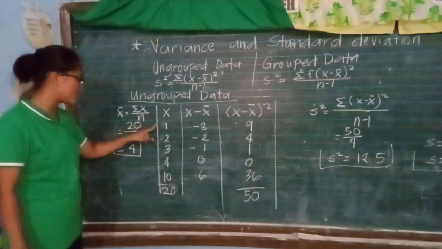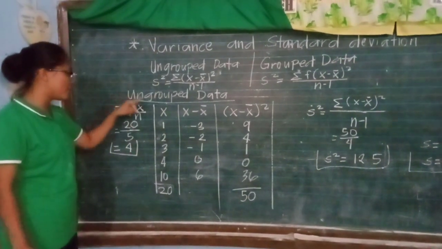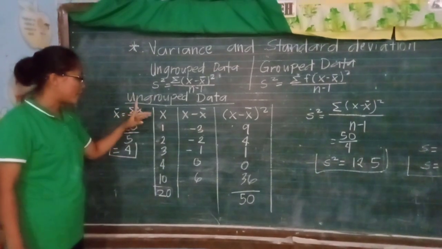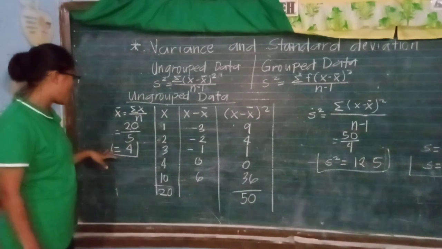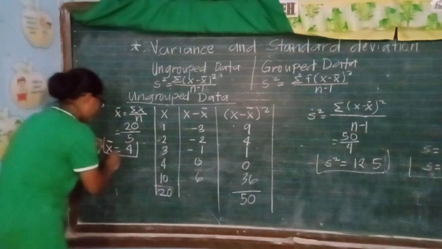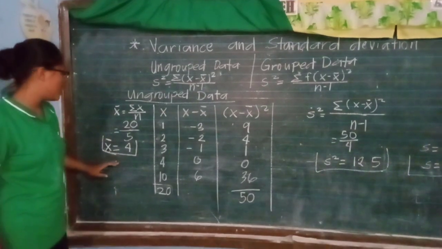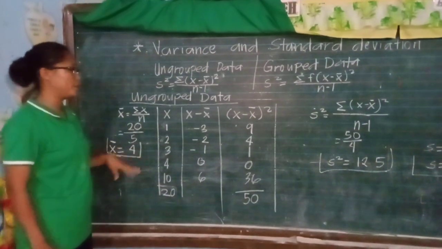Our 20 is the total of our x, and our 5 is the number of given values, 1, 2, 3, 4, 5, and that is our mean, which is 4. Therefore, our mean is equal to 4.